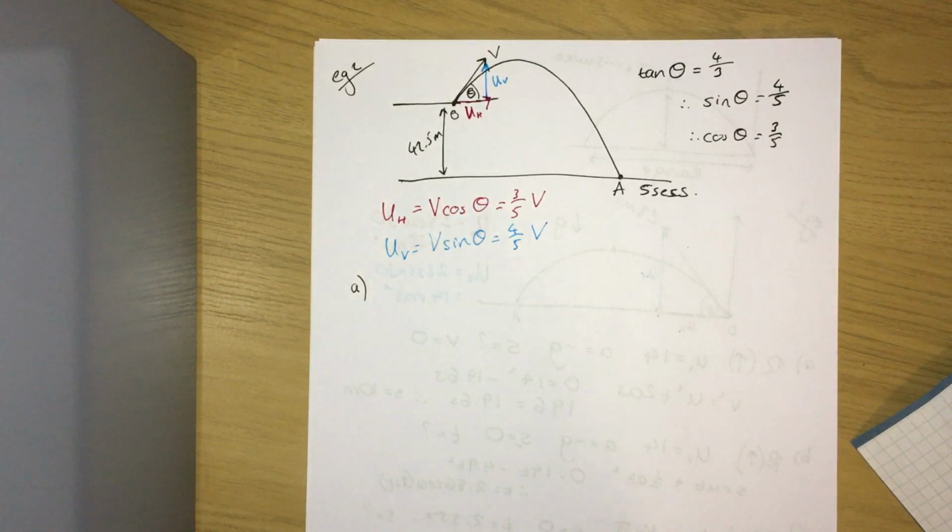A, show that v is equal to 20. So straight away we've got to show that question, so we do need to show all steps, which would mean if we had a quadratic to solve, we'd probably need to factorise it or use quadratic formula or something like that. So I don't have enough information to resolve horizontally.